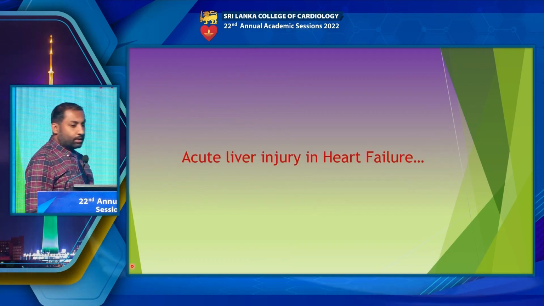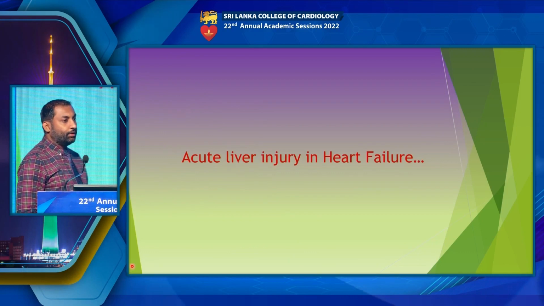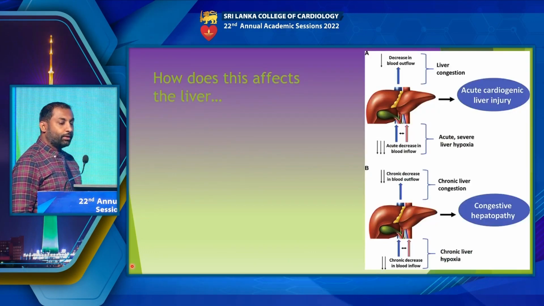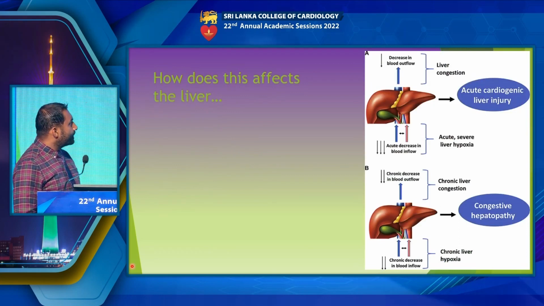So what are the acute liver injuries which will happen in heart failure? That can happen in both acute heart failure and chronic heart failure. As I mentioned earlier, the decrease in blood input due to hypoperfusion will result in acute cardiogenic liver injury, which is ischemic hepatitis.